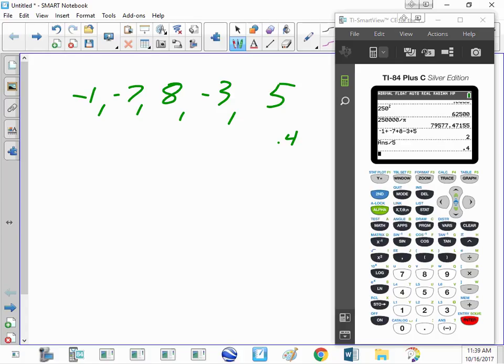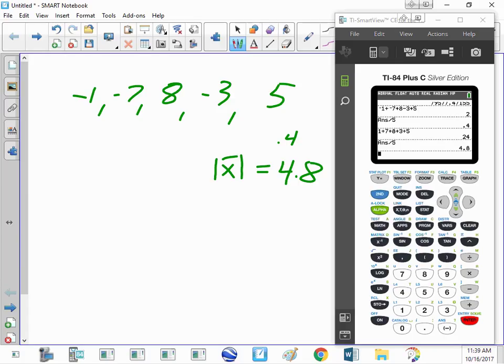So we can take what we call the absolute average. We just turn everything positive. Then I take 1 plus 7 plus 8 plus 3 plus 5, and I end up with 24, and I divide that by 5, and I get the absolute value average, I don't know if that's what you'd call it, which is 4.8. And that's a better representation of how far everything is away from 0.